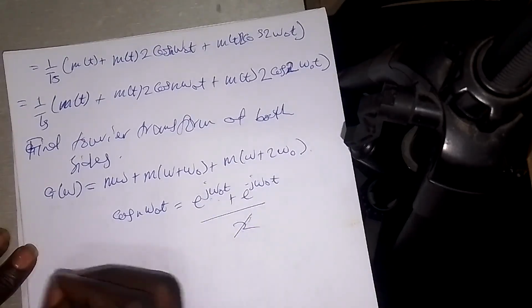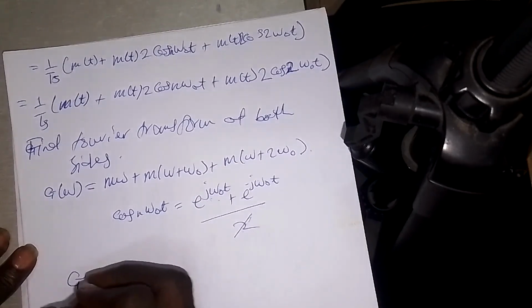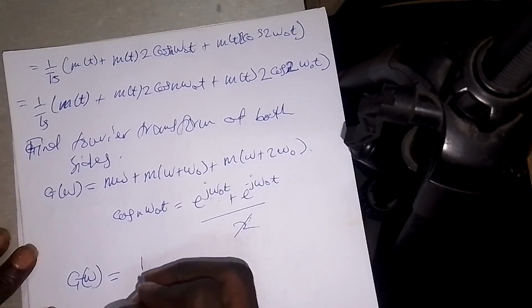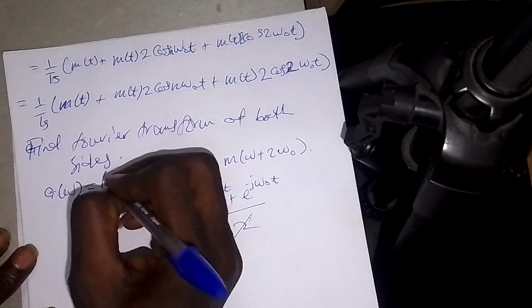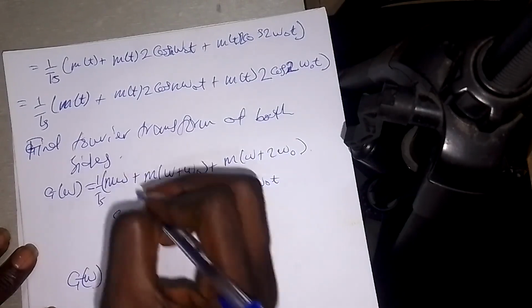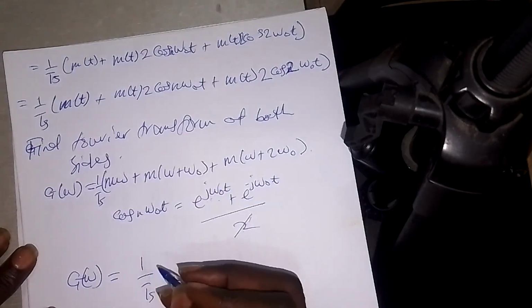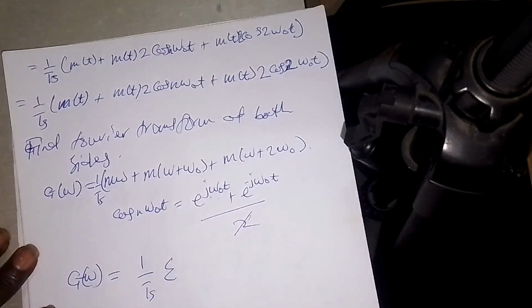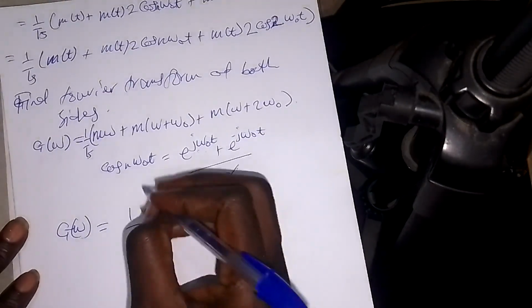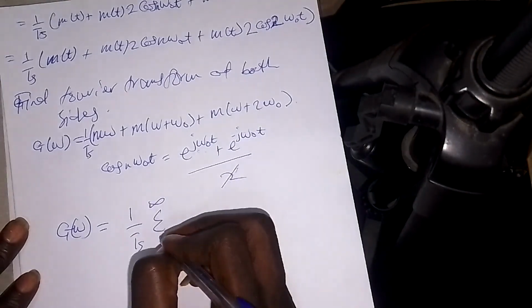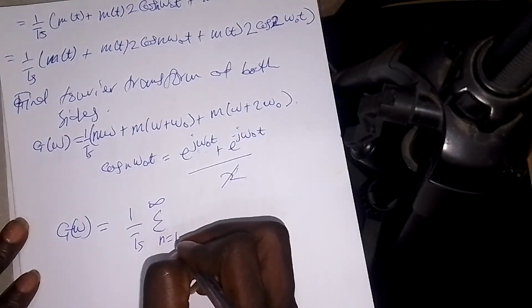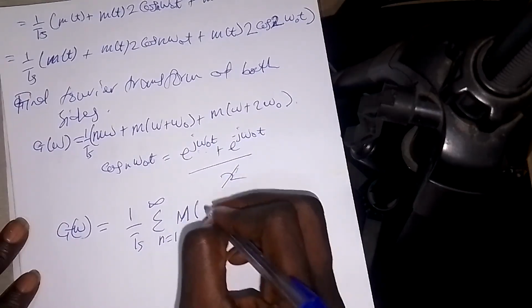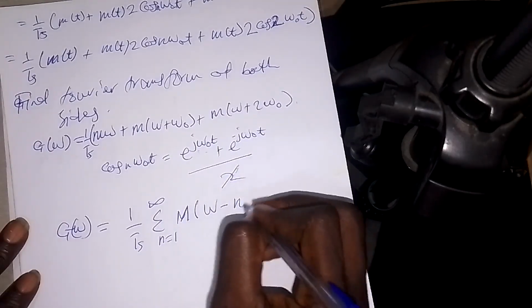So if we do an expansion for this one, then I'm going to get 1 over Ts into, if it should be a long series, a summation up to infinity, with n equal to 1, M of omega minus n omega naught.